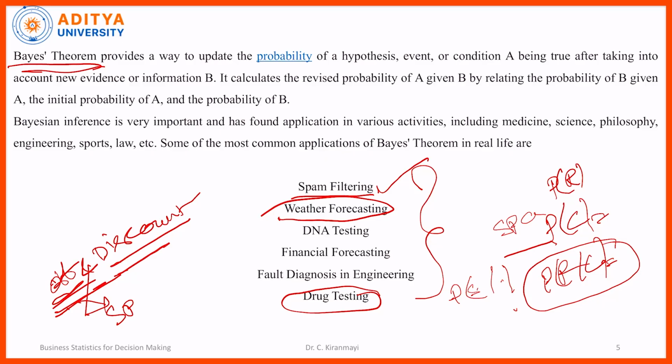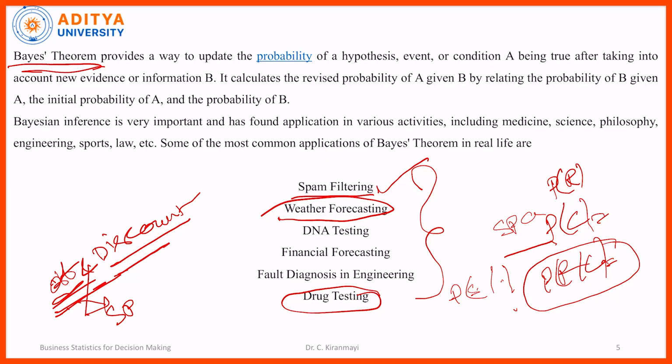Even in the healthcare industry, when a doctor diagnoses a particular disease, what is the probability of having a positive test? If a patient is diagnosed with a particular disease, what is the probability of having a positive test report?